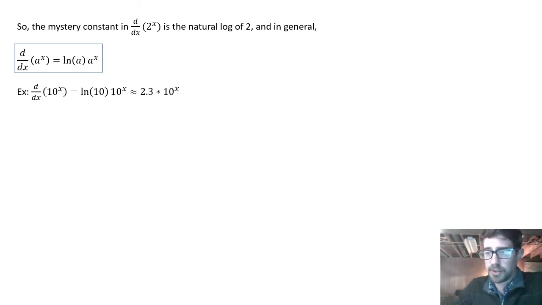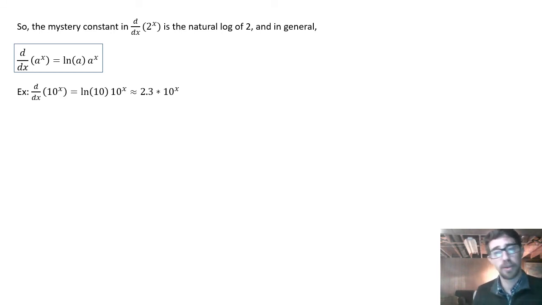10 to the x is also a common exponential function. You'll hear that referred to as the common logarithm instead of the natural logarithm. We use it in scientific notation. We use it anytime we have to talk about really big numbers in math or really tiny numbers. So the derivative of that is just the natural log of 10 times 10 to the x, and the natural log of 10, if you just punch that into your calculator, is about 2.3.